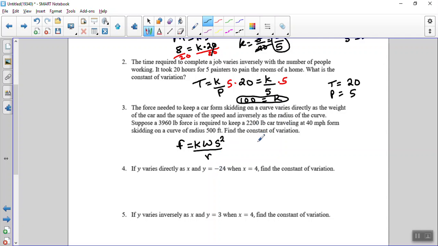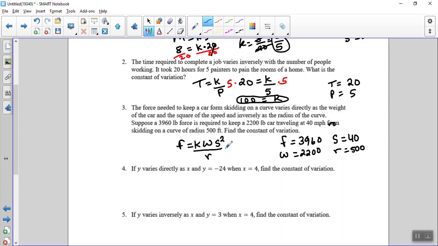And it says suppose a 3,960 pound, that looks like that's the weight, is required to keep a, oh sorry, that's the force, my bad, to keep a 2,200 pound car, so that's your weight, from traveling at 40 miles per hour, so that looks like your speed is 40, from skidding on the curb with the radius equal to 500.